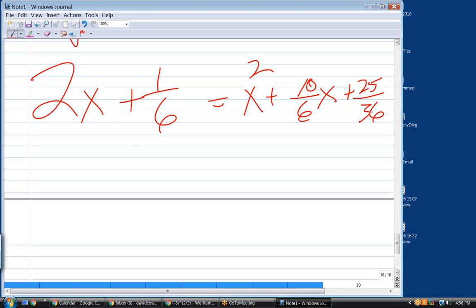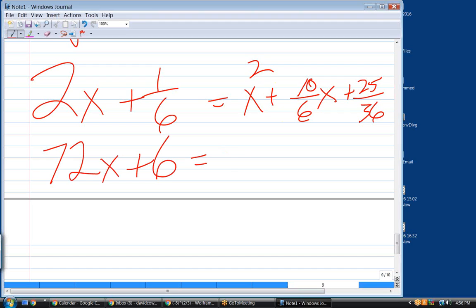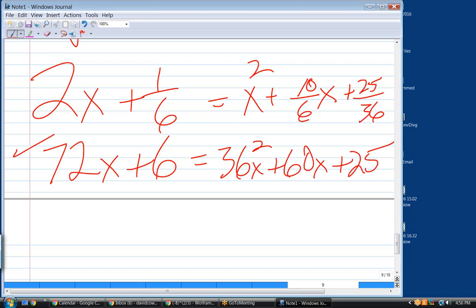I'm going to multiply the entire left side by 36, which gives me 72x plus 6. I'm going to multiply each term by 36, gives me 36x squared plus 60x plus 25. Now it's a piece of cake. Once you get rid of denominators, it makes the whole problem a whole lot easier.